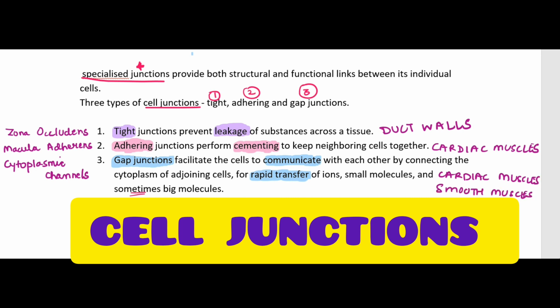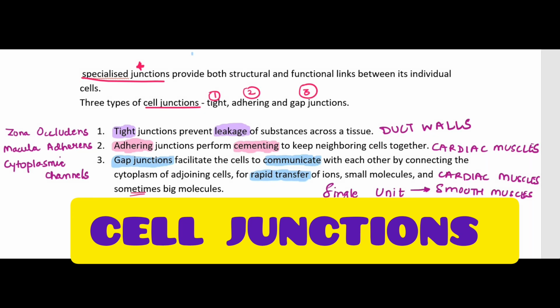These are present in cardiac muscles again and in single unit smooth muscles. There are two types of smooth muscles, single unit and multi-unit smooth muscles. I will tell you what they mean in later sessions. Just for now, remember that gap junctions are found in single unit smooth muscles.